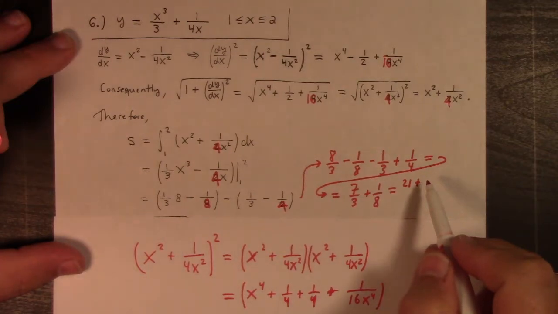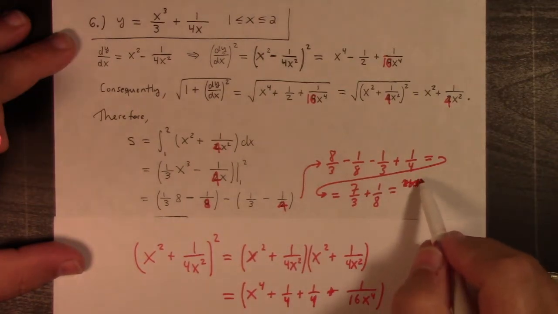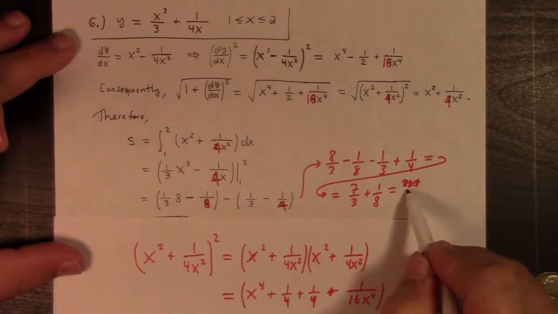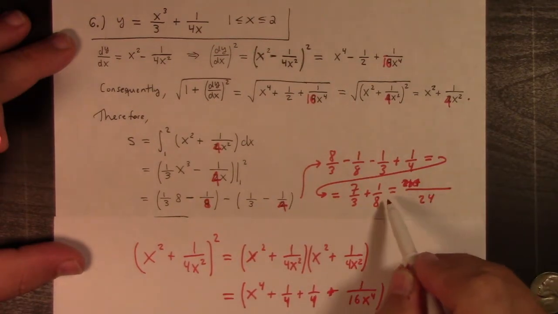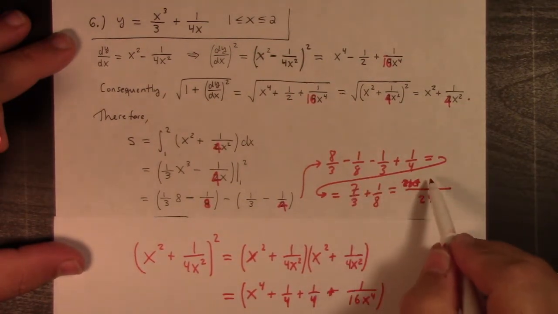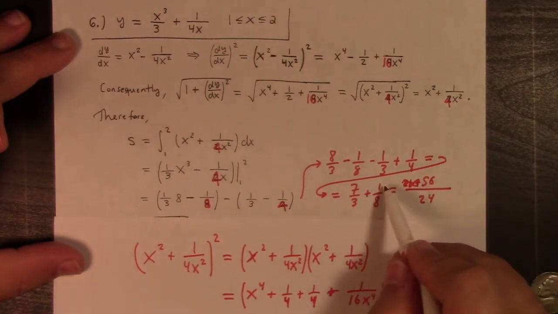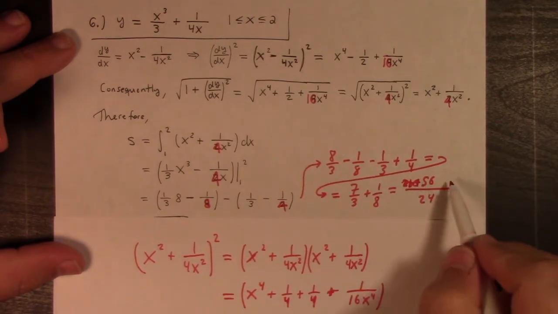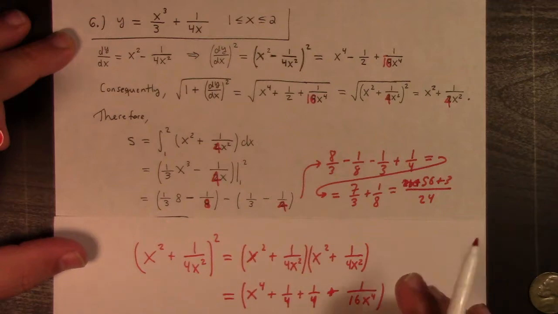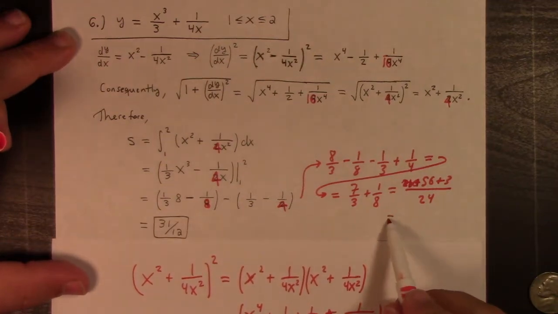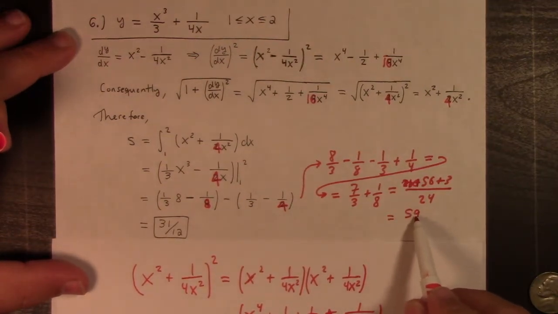If I make a common denominator of 24, I can't do math. Common denominator of 24, right? So I have to multiply that one times 8, which is 56. Multiply that one by 3 over 3, which gives me a plus 3. So I think the right answer would be 59 over 24.